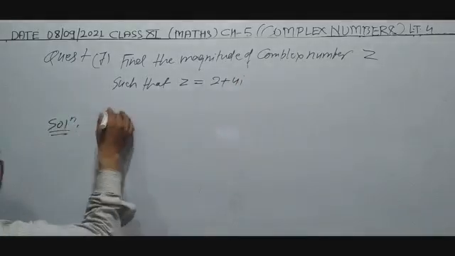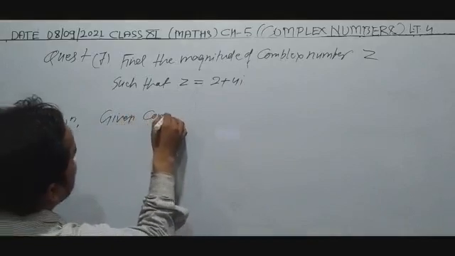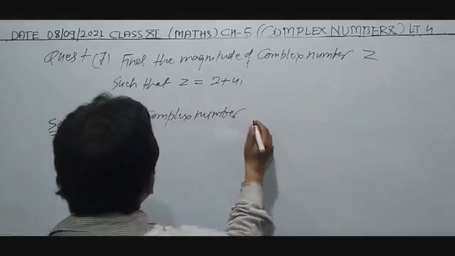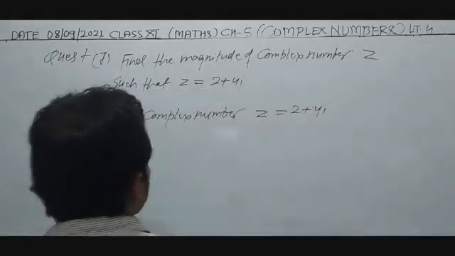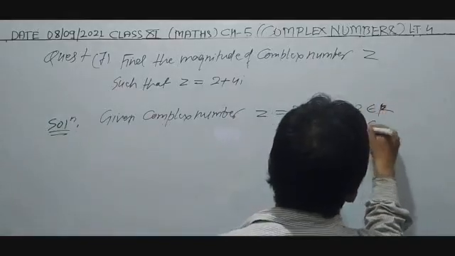So, solution: given complex number z is equal to 2 plus 4i. 2 belongs to real, 4 belongs to real.